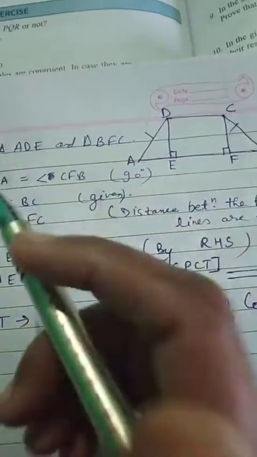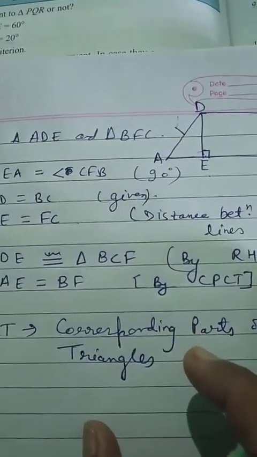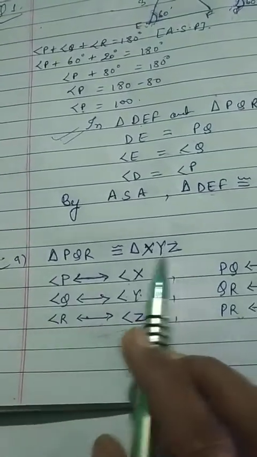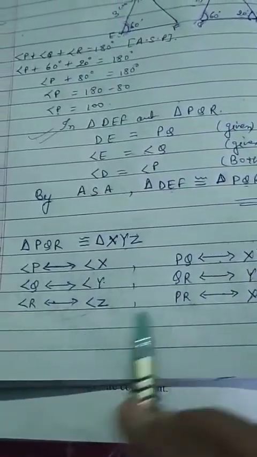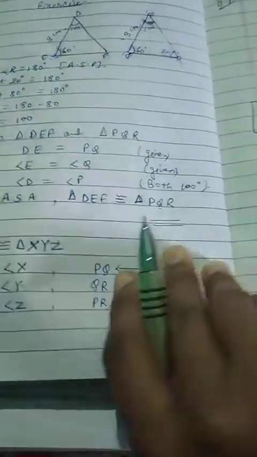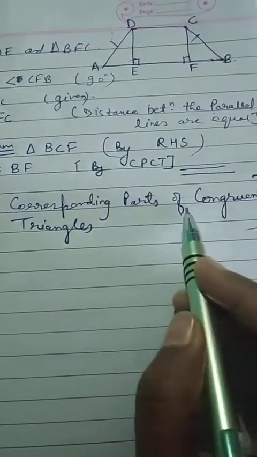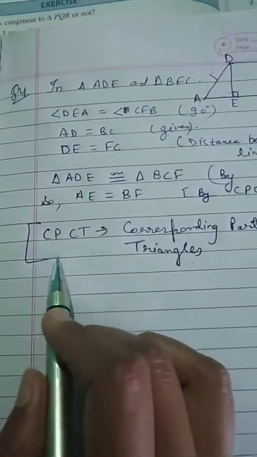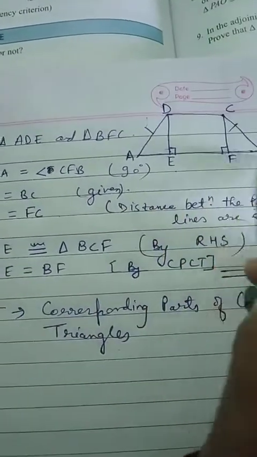Whenever two triangles are congruent, then all the corresponding parts will be equal. Okay. And CPCT full form is corresponding parts of congruent triangles. Write it somewhere.